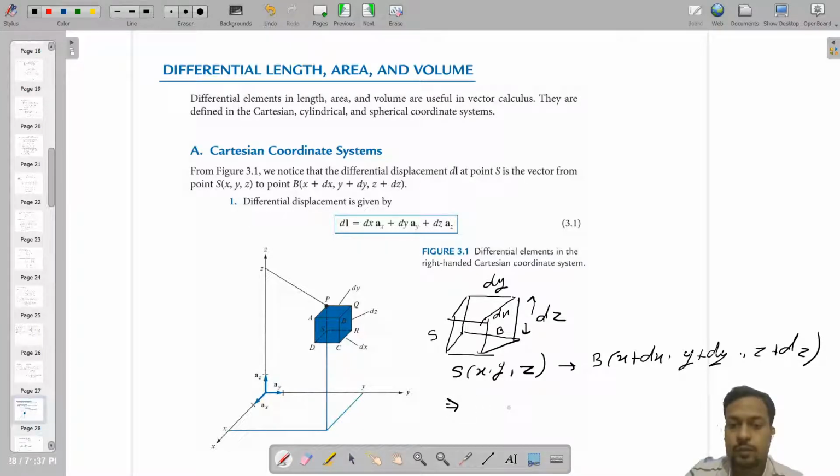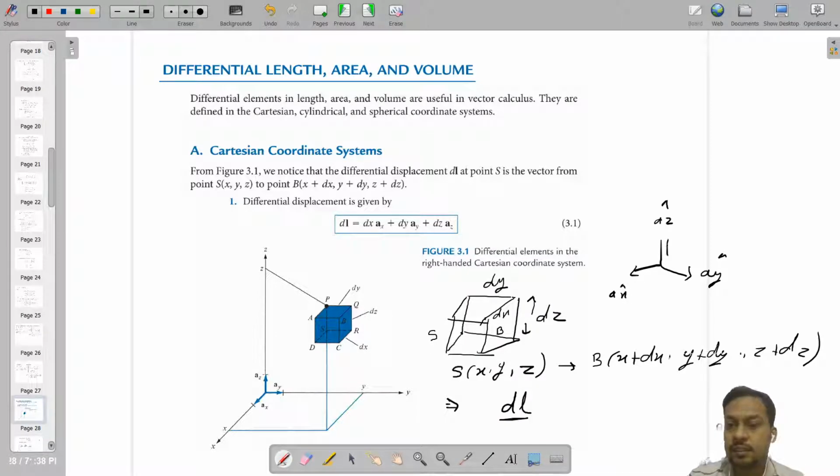Now the small differential length is denoted by dl, in all three directions: the z direction, the y direction and the x direction.